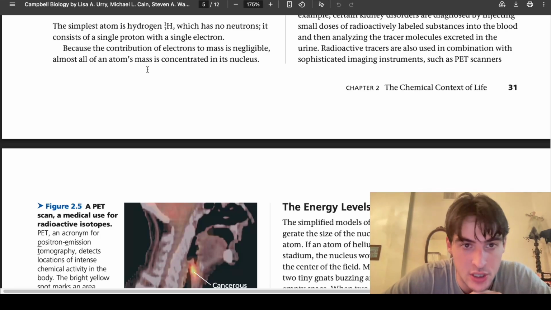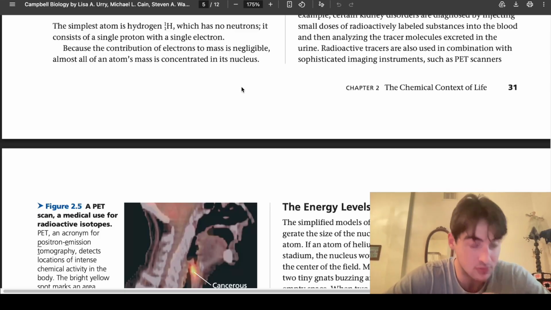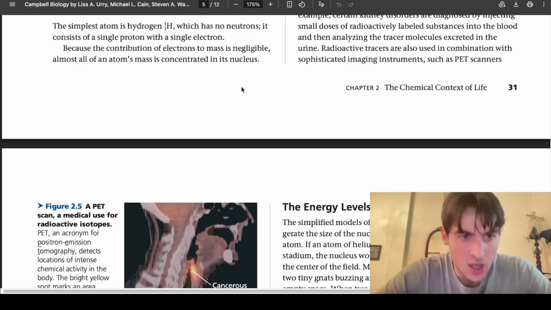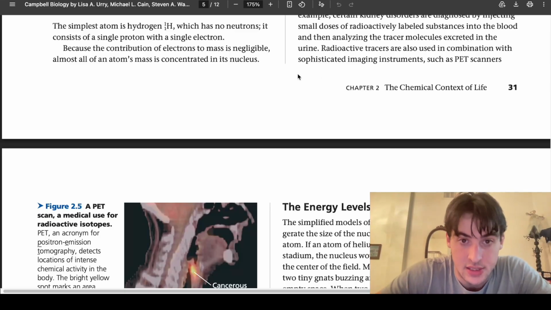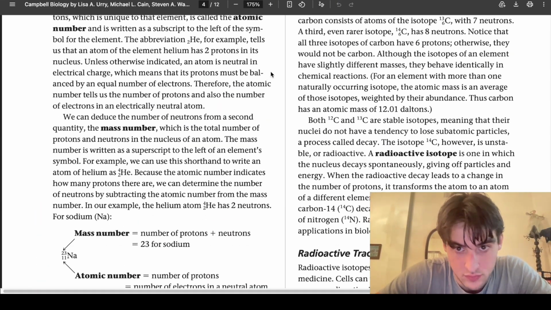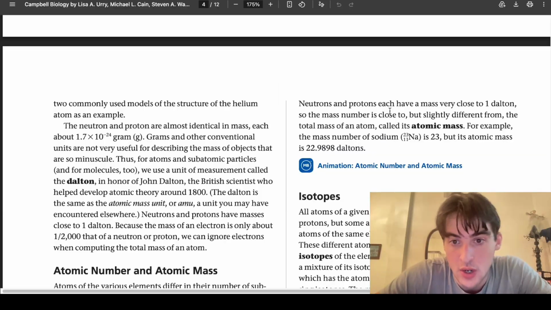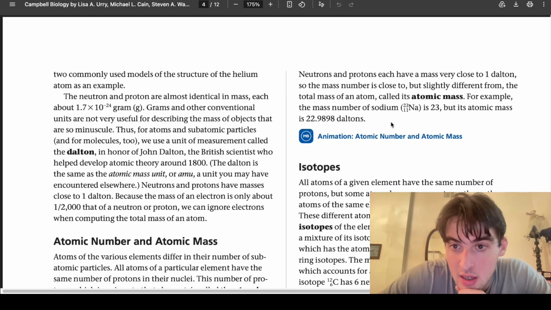Because the contribution of electrons to mass is negligible, almost all of an atom's mass is concentrated in its nucleus. Neutrons and protons each have a mass very close to 1 Dalton, so the mass number is close to, but slightly different from, the total mass of an atom, called its atomic mass.